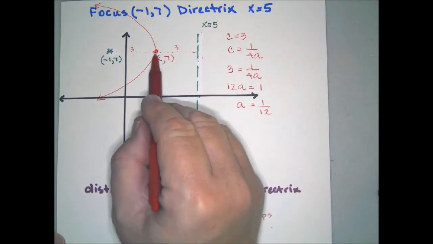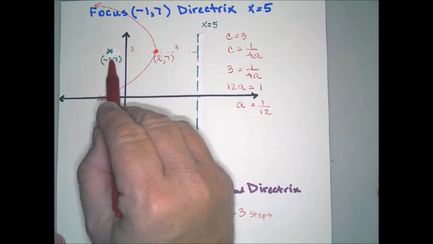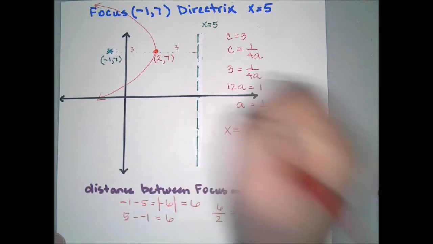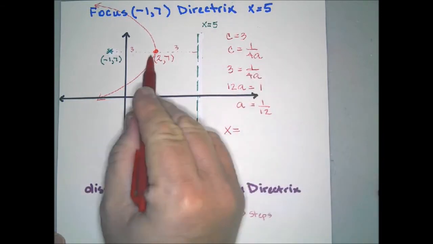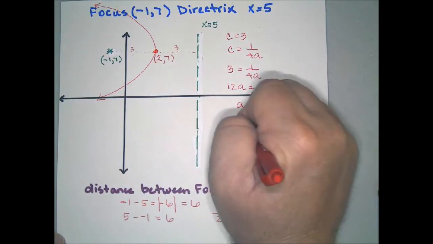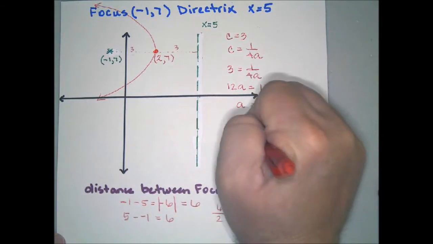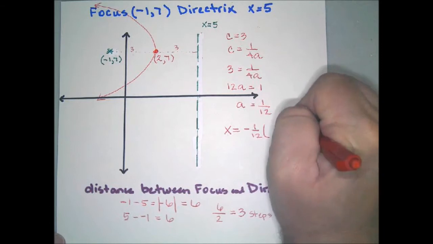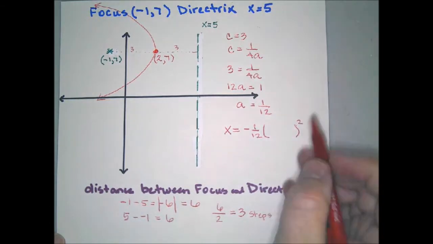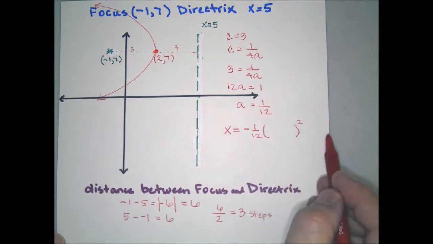So remember, in the first place, it's a left parabola, so it begins with x equals. Now the next thing, since it opens to the left, that A value is actually negative, -1/12. And then something goes in here and something goes in there.